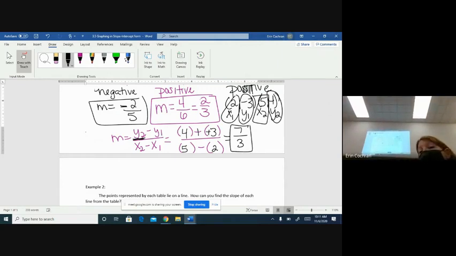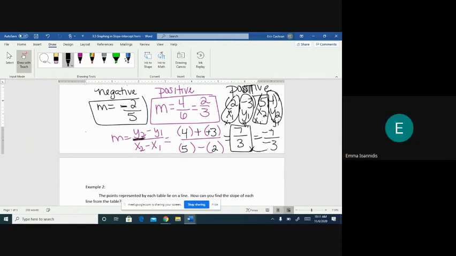Now, if you would have switched these and these were my x1, y1s, these are my x2, y2s, you're going to get a -7 over a -3. But two negatives always make a positive. So that's why it doesn't matter which one you use as your x1s or your x2s, just as long as you keep it consistent. It's just going to change where your negatives are. That's all. Miss Cochran?